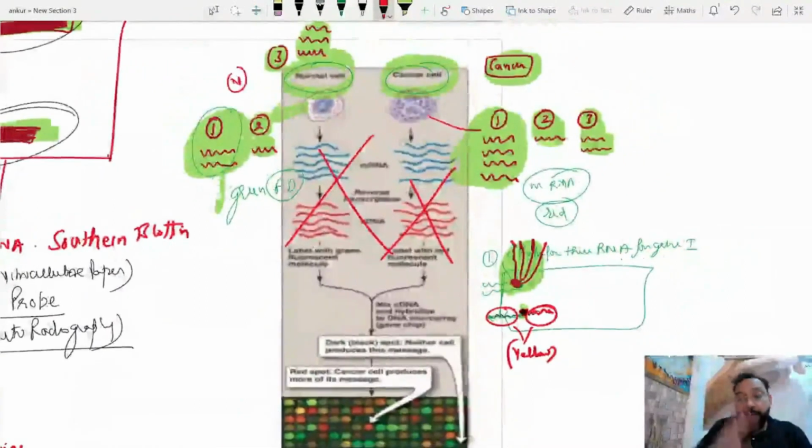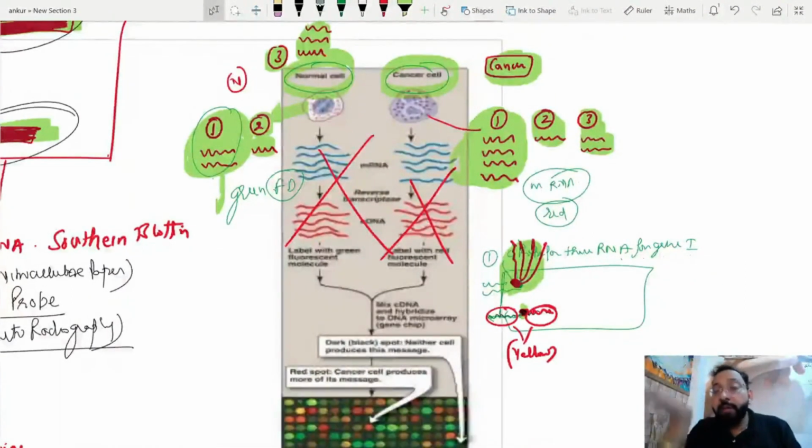If at a spot the color is mainly yellow, it means the cancer cell and normal cell express this gene equally. If at a particular site there is more red, it means more expressed in the cancer cell. If at a particular site there is more green, it means more expressed in the normal cell. Understood?